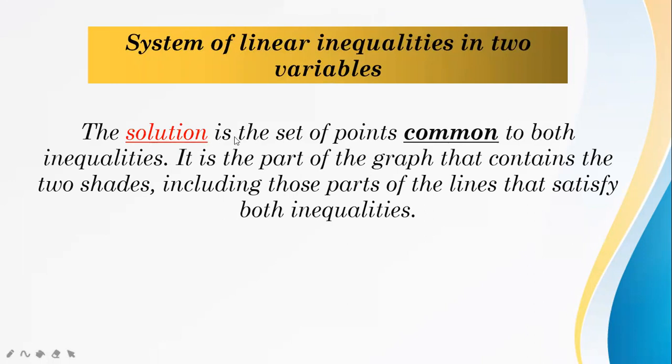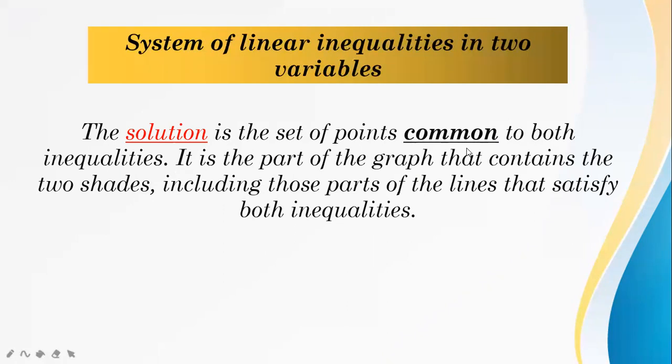The solution is the set of points common to both inequalities. It is the part of the graph that contains the two shades, including those parts of the lines that satisfy both inequalities. So the solution of a system of linear inequalities in two variables is the set of points common to both inequalities.